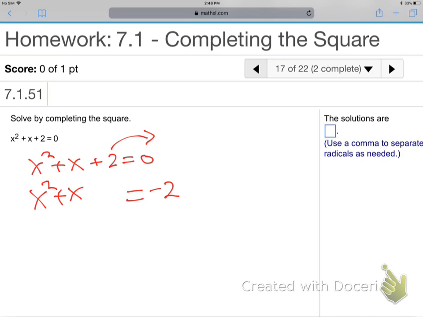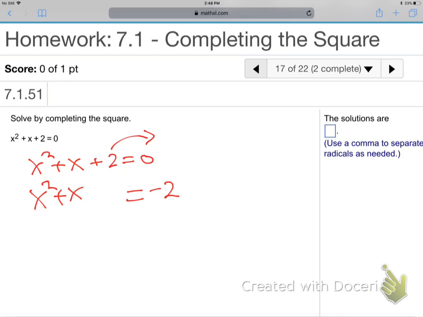So find the magic number. So what's the magic number?